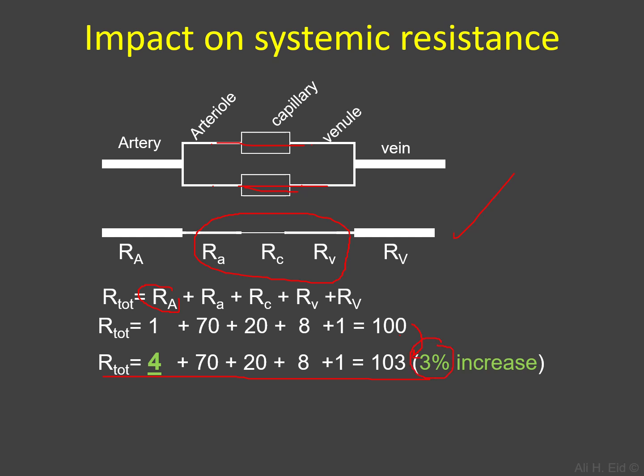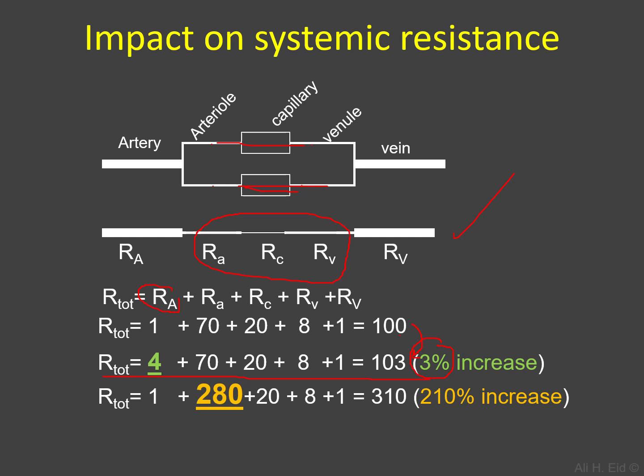Now let's see what happens when you increase the resistance of the arteriole by 4-fold. You're going to have 280 for the value of the arteriole, and the total increase is going to be 210. This simply means that a small change in the arteriolar diameter is going to have a dramatic effect on the overall resistance.